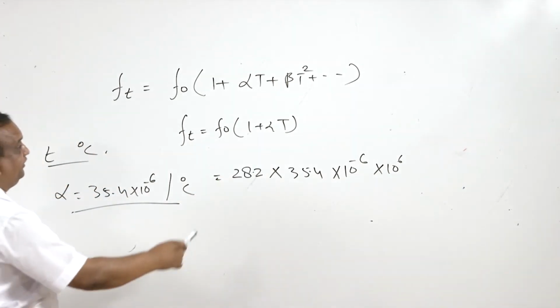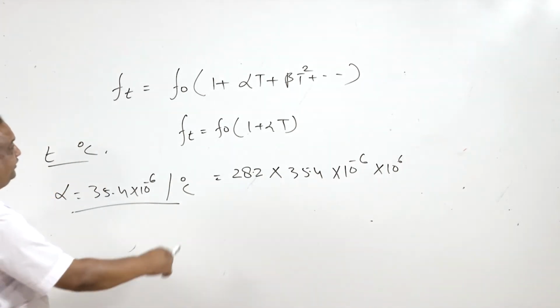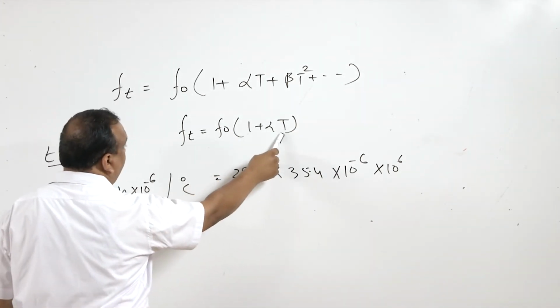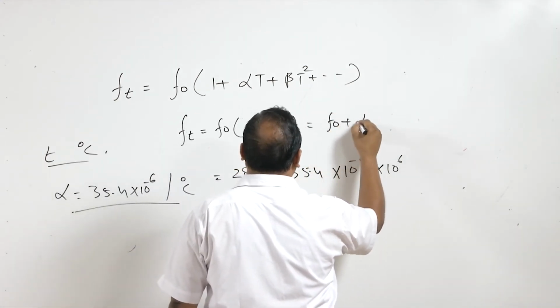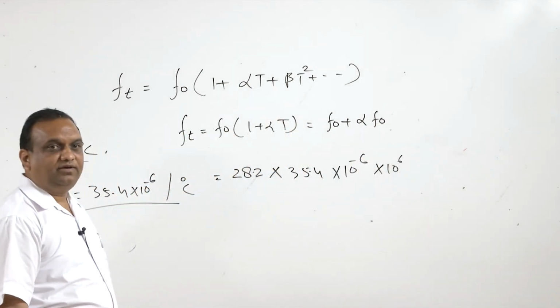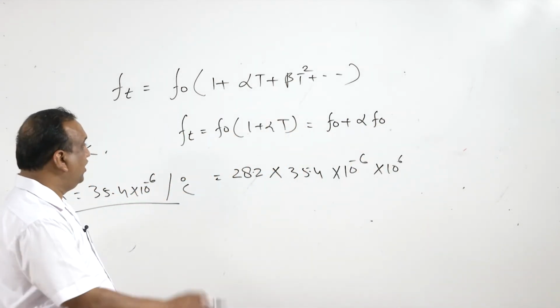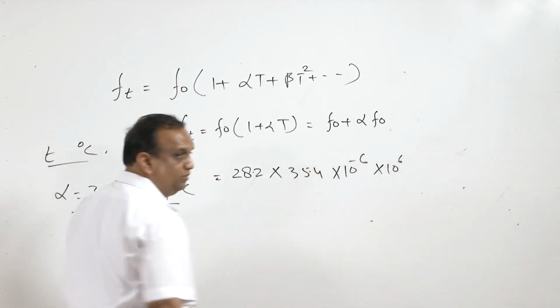Now suppose there is a change in temperature by 1 degree centigrade. The moment the temperature changes 1 degree centigrade, it becomes FO plus alpha FO, right, for 1 degree centigrade temperature. Now if you take the difference, then the difference is going to be alpha FO.